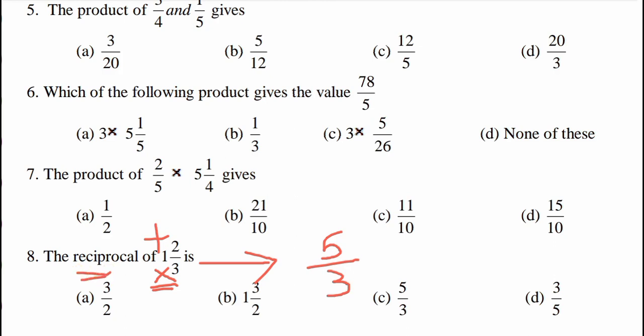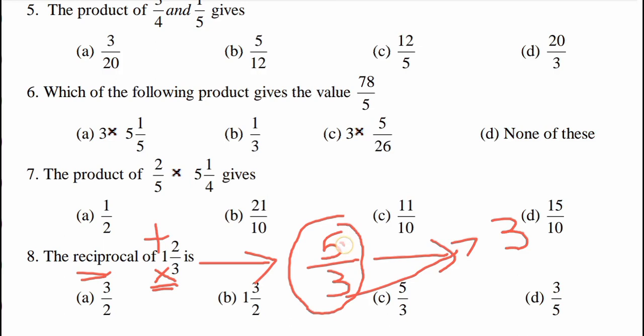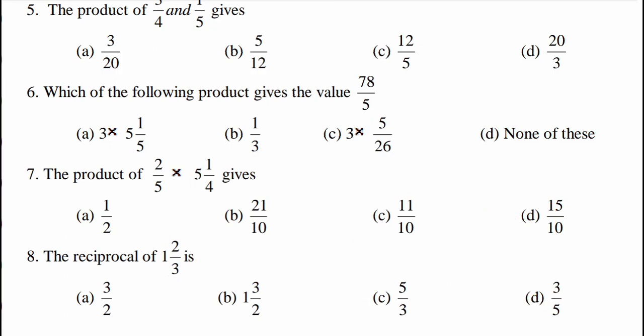Now you have to find the reciprocal of it, that means the inverse of it. So we write this denominator as numerator and this numerator as denominator. So the answer is 3 upon 5, and it is given in option D.